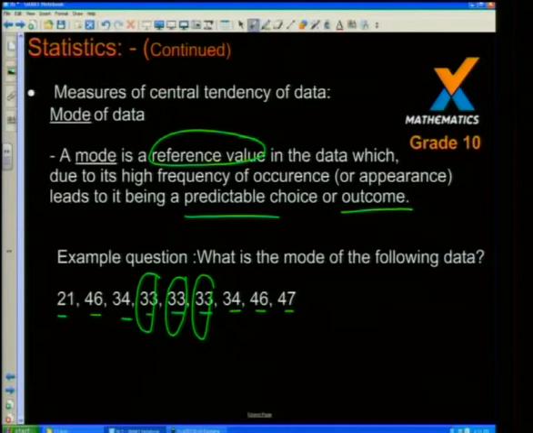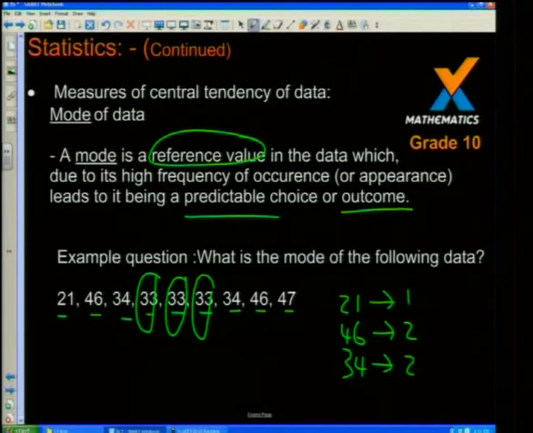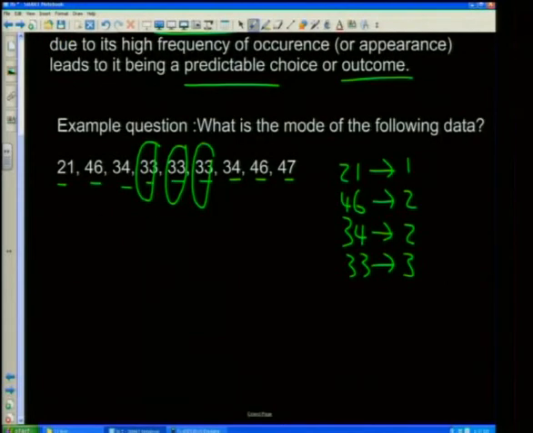If we list these, 21 appears once, 46 appears twice, 34 also twice, and 33 appeared 1, 2, 3 times. We still have 47 there to finish it up.